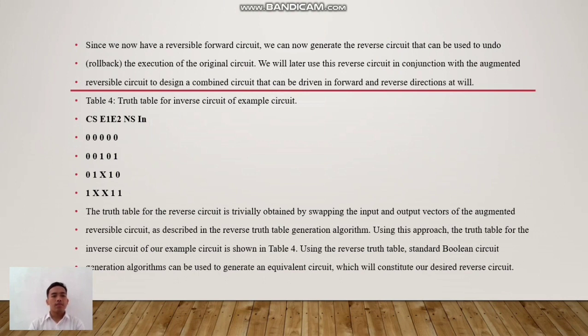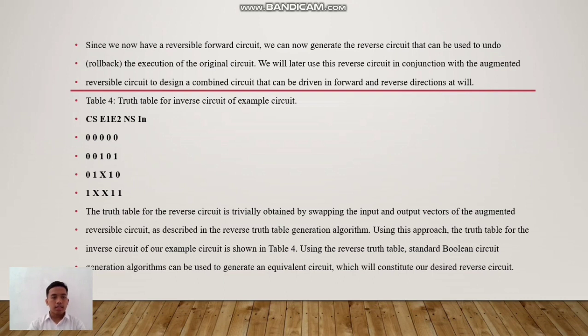Since we now have a reversible forward circuit, we can now generate the reverse circuits. They can be used to undo or roll back the execution of the original circuits. We will later use these reverse circuits in conjunction with the reversible circuits to design combined circuits that can be driven in forward and reverse direction at will.